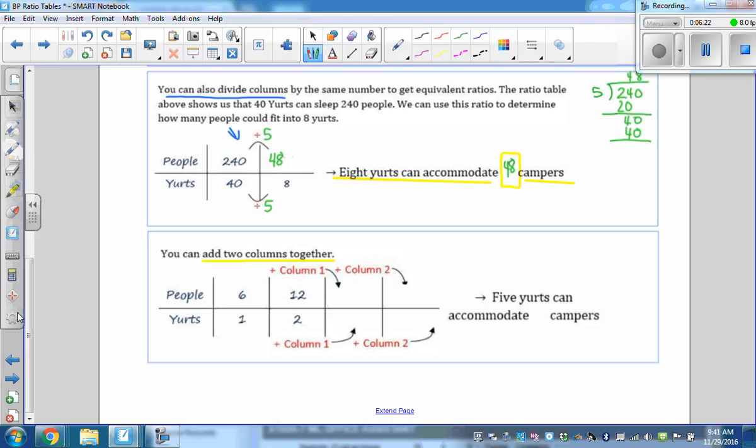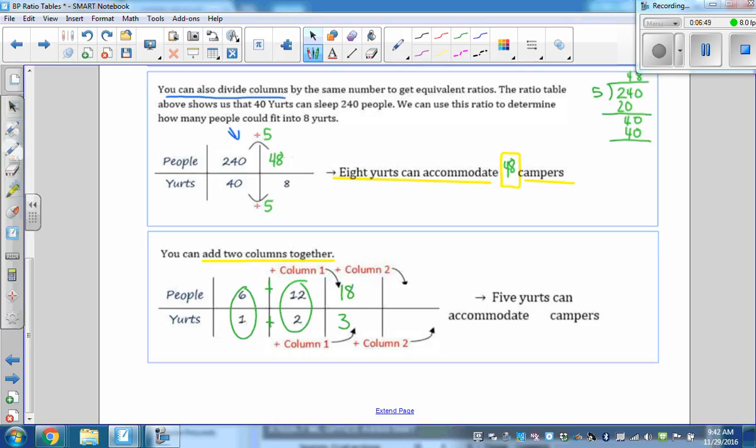Again, we're starting with this ratio: 6 people can fit into 1 yurt. So we know by doubling, 12 people can fit into 2 yurts. And what this is saying is take this column and add the first column. And so that tells us if we had 3 yurts, adding 1 plus 2, we could fit 18 people.